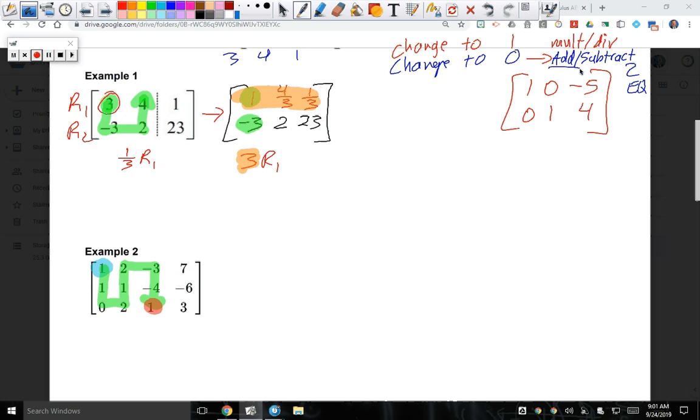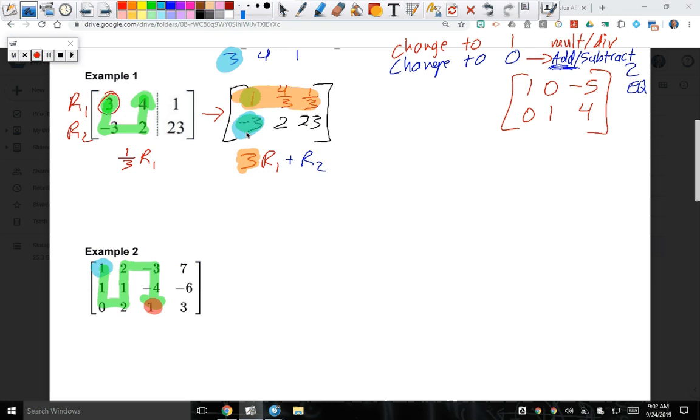Because when I add row 1 with row 2, what happens to those 3's? They cancel to what? 0. I've said this before this year, and I'll say it for the rest of the year: cancellations to 0 are with adding and subtracting. Cancellations to 1 are with multiplication and division.